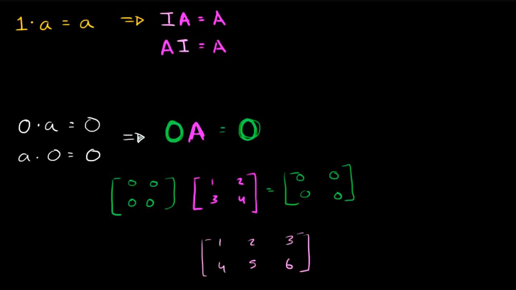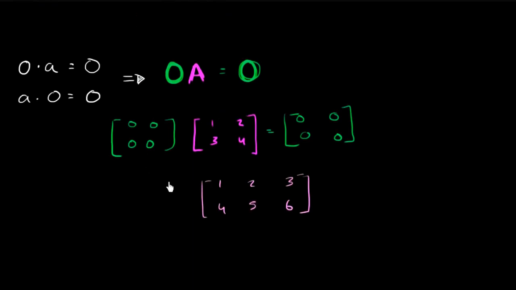So it's got to have 2 columns, but I could make it have 3 rows. So it could look like this, 0, 0, 0, 0, 0. And I encourage you to multiply these two. Pause the video right now and see what you get.